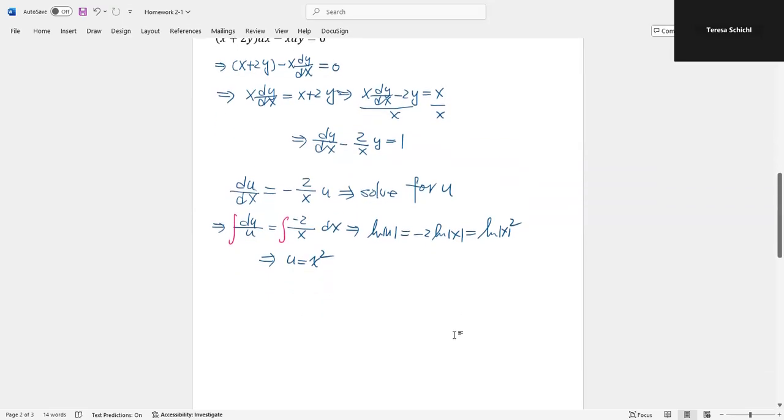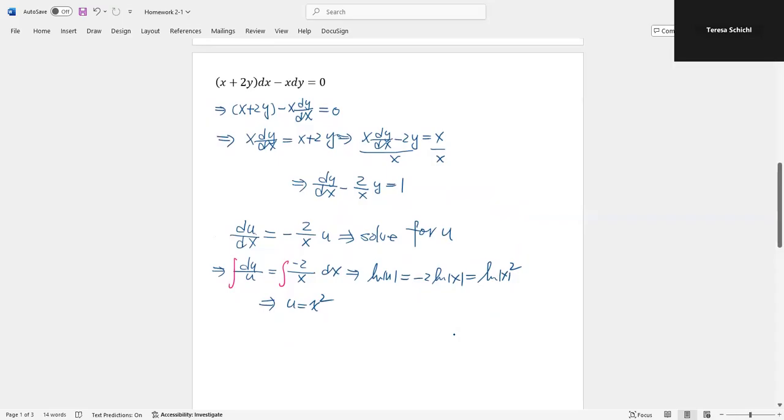What is the next step? Remember, we multiply the integrating factor back into our equation dy/dx - (2/x)y = 1.